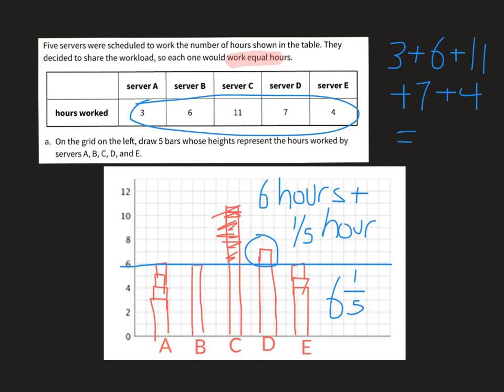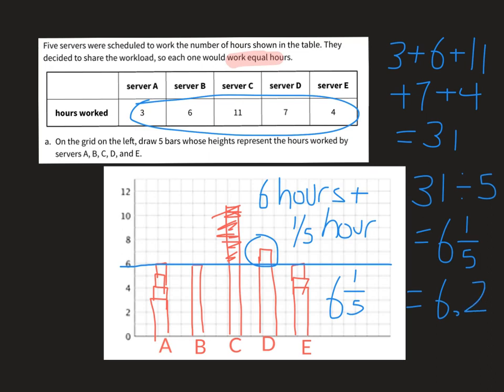If we add up all those hours, we get 31. And if we divide that among the 5 people, what we get is 31 divided by 5 equals, well, 5 goes into 31 6 times, and we have a remainder of 1. That is 6 1/5. Or if you'd like to treat that as a decimal, that is 6 2/10.